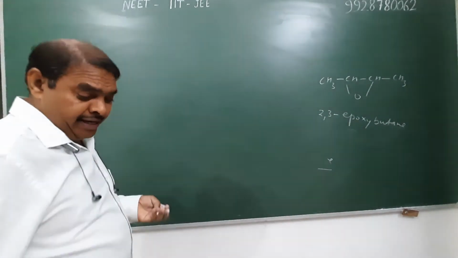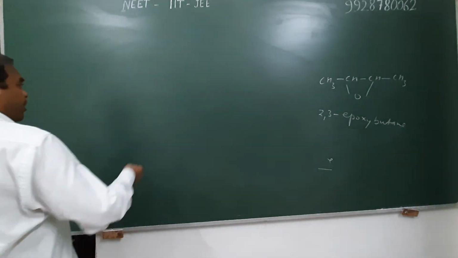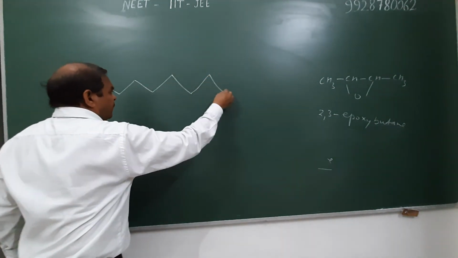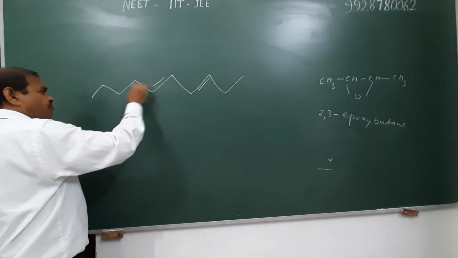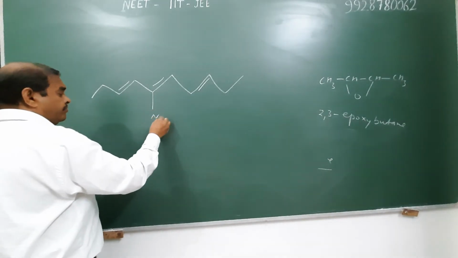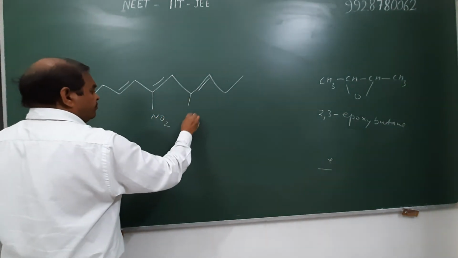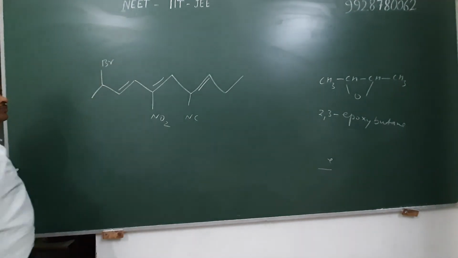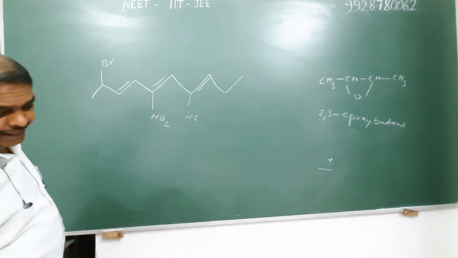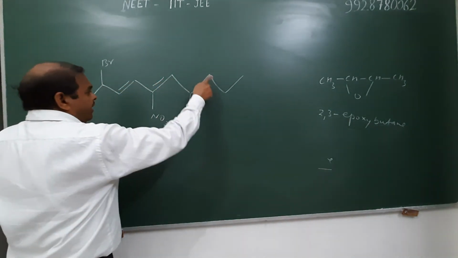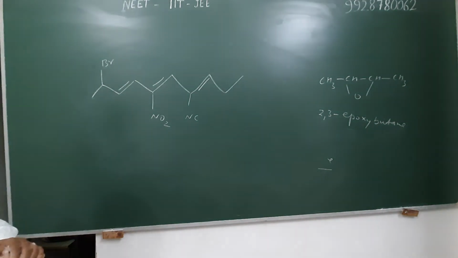Now we take an example which contains more than one functional group as well as unsaturation. First of all, we select the principal chain with maximum unsaturation, and hence 1, 2, 3, 4, 5, 6, 7, 8, 9, 10. 10 carbons are there, and then give minimum position to the multiple bond.